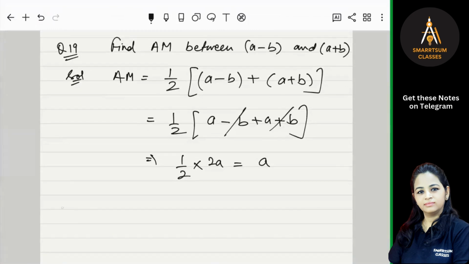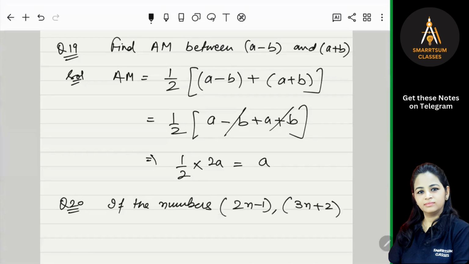Getting that? Another type of question. If the numbers 2n minus 1, 3n plus 2 and 6n minus 1 are in AP, right? Now you have to find n and hence find these numbers.